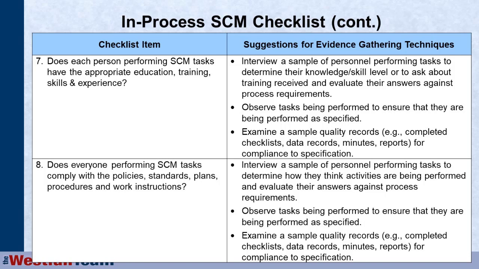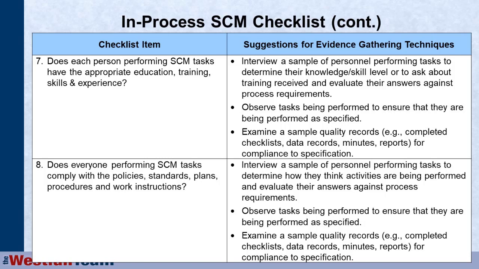We can observe the tasks actually being performed. We can go watch somebody opening up a change request. We can go watch a change control board process happen and determine whether it's actually being performed as specified. Or yet again, we can evaluate those quality records.